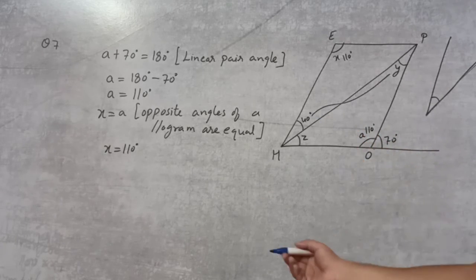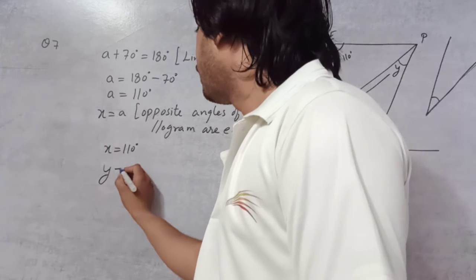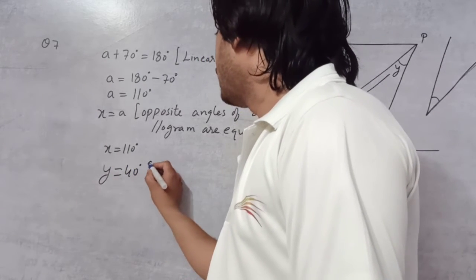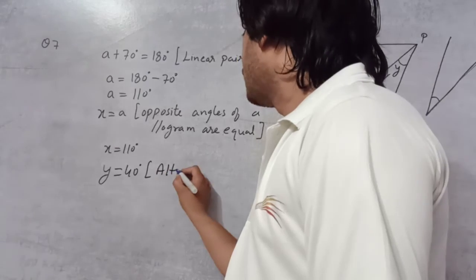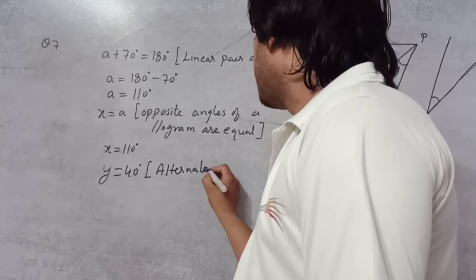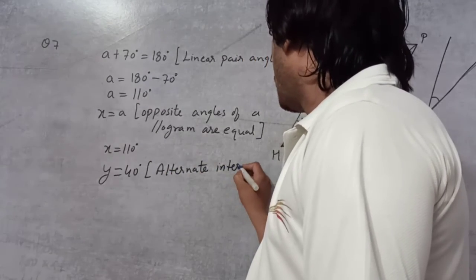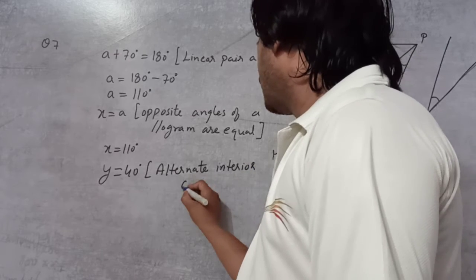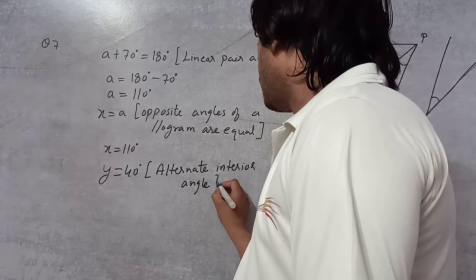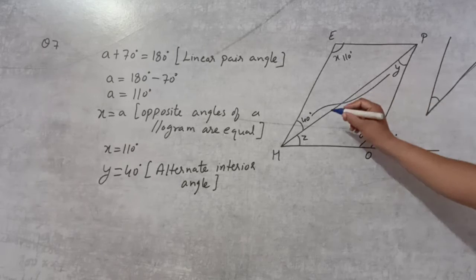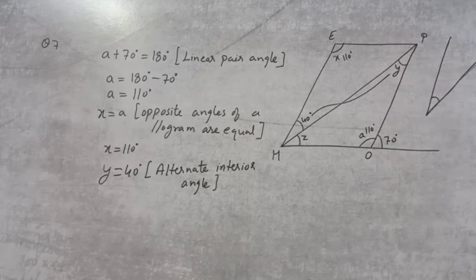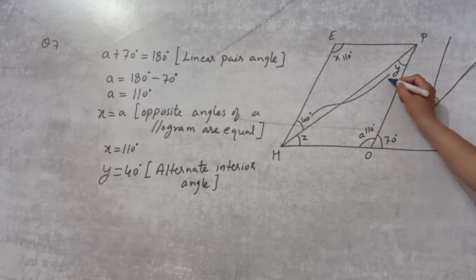So here also Y equals 40 degrees. Alternate interior angles are equal, so this Y equals 40 degrees.